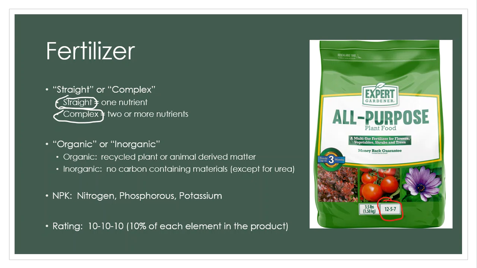These three numbers are coded for, again, the N, the P, and the K, and they go in that order most of the time. So the 12 and the 5 and the 7 that you're seeing in this picture means 12% nitrogen, 5% phosphorus, and 7% potassium.